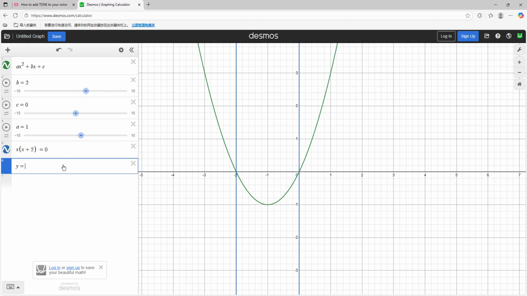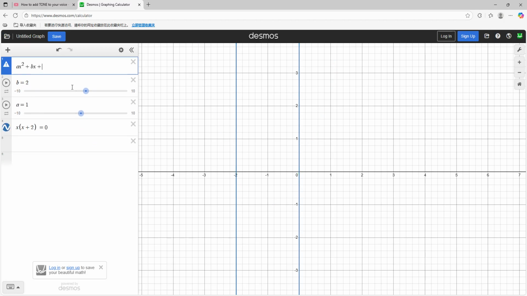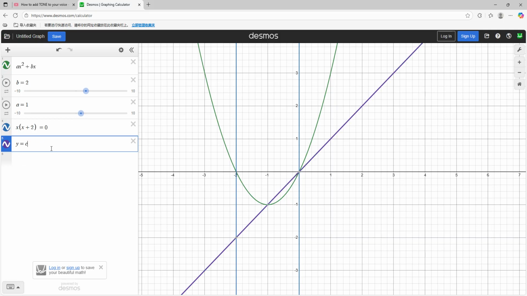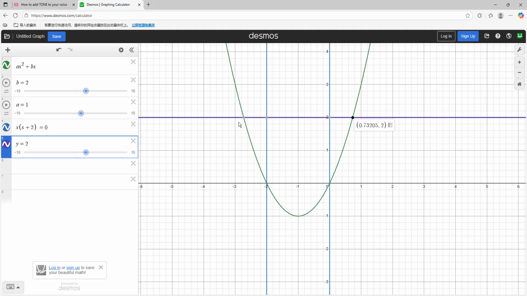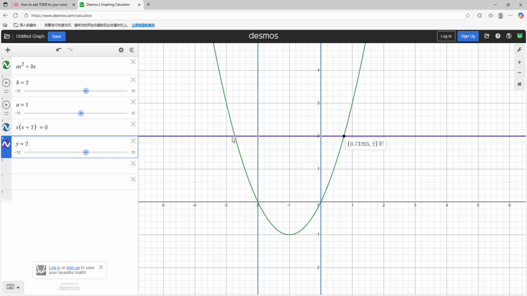Given a horizontal line, for example y equals 2, you get the two points which intersect with the curve. So you get the two x values.